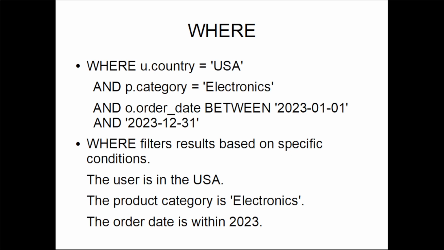In our example, it narrows down the crowd by checking the country, category, and order_date columns, ensuring we only get the rows we need. Think of it as a spotlight, it shines on just the data you care about, leaving the rest in the dark. Without where, you are stuck sifting through a giant pile of results, but with it, you get exactly what you need, clean and simple.